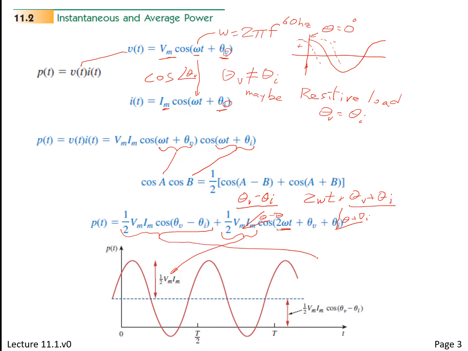So what is this? This is almost like a DC term. It's an offset. Look what happened. The zero line, which we're used to seeing on sine waves being down here, the zero line has been jacked up by this much. So what's happened in power?